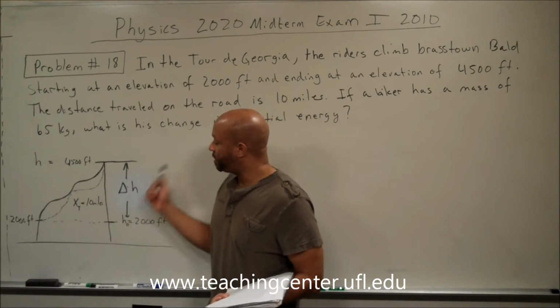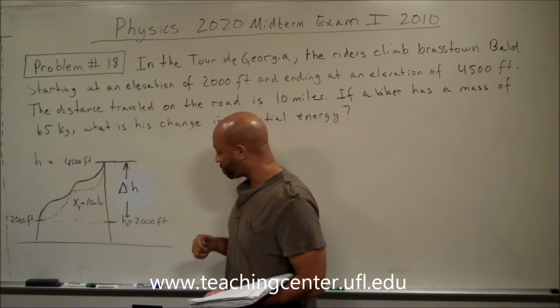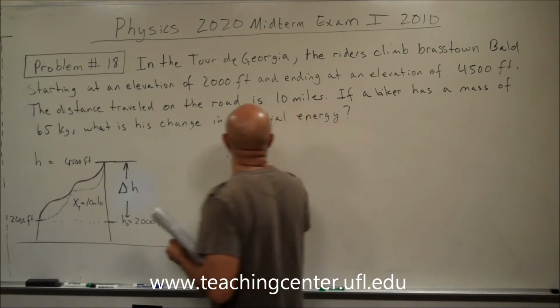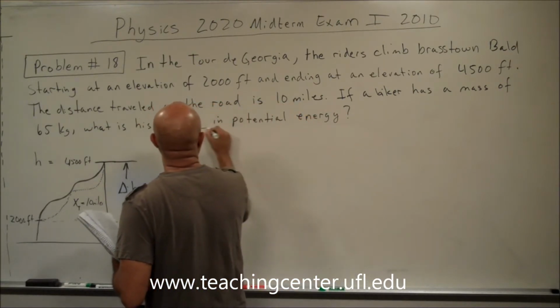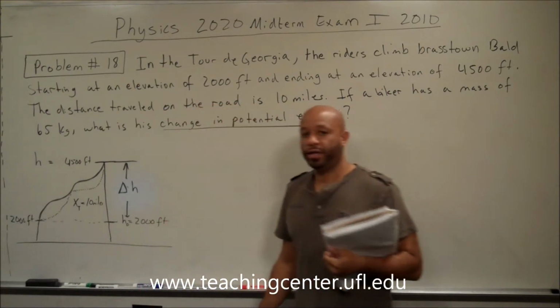They say that the total distance this biker travels is 10 miles. And this problem is asking us to find the change in potential energy.